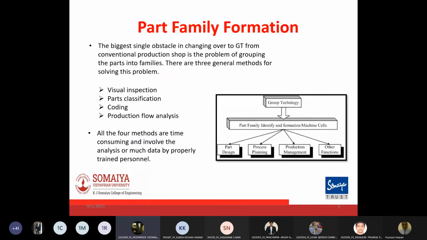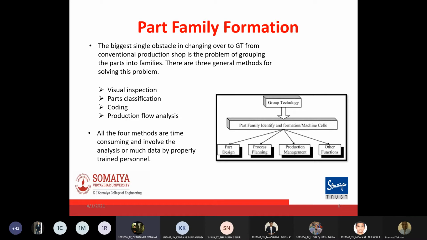So now let's discuss how the part family formation takes place. It is the biggest challenge to classify all the parts into different categories. As we know, there are lakhs and thousands of parts present in a single industry, and it is very difficult to classify them. So the four steps shown on the screen are basically used to classify them into different families.